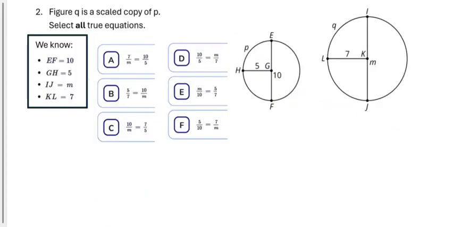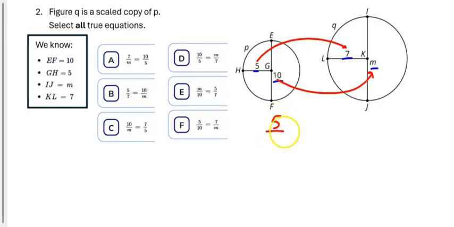In problem number 2, they're asking to decide between the 2 shapes P and Q which proportion would work. So we are told that EF is 10, HG is 5, LK is 7, and IJ is m. So I'm going to take the same approach by going to corresponding pieces to set up a proportion.